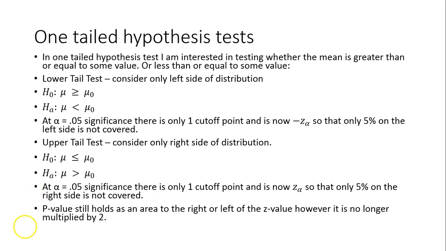At alpha equals 0.05 significance, there is only one cutoff point, now z alpha, so that only 5% on the right side is not covered. The p-value still holds as an area to the right or left of the z-value. However, it is no longer multiplied by 2.